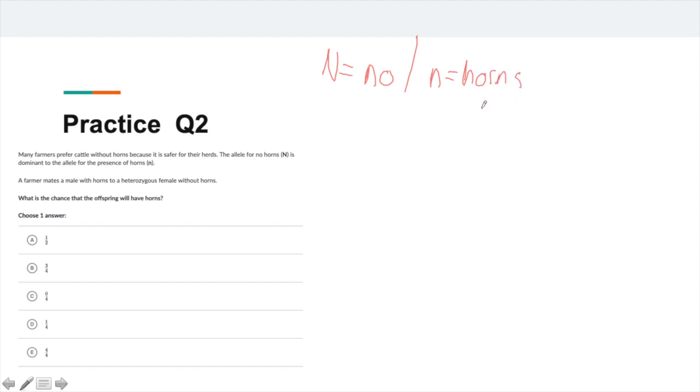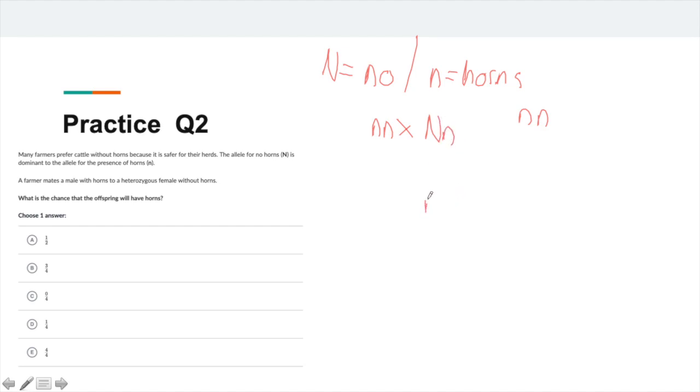So now they're looking for the chance that the offspring will have horns. So we're looking for the amount of offspring that have 2 little n's, 2 recessive alleles. And what are we crossing here? We are crossing a male with horns, so therefore they have to have little n, little n, with a heterozygous female without horns. So they have big N, little n.